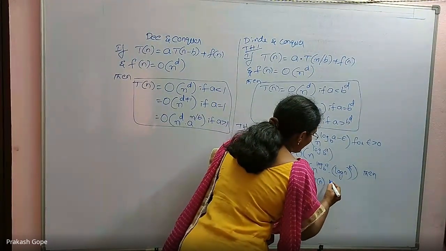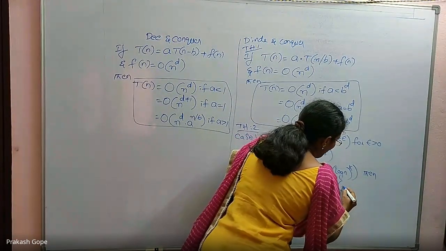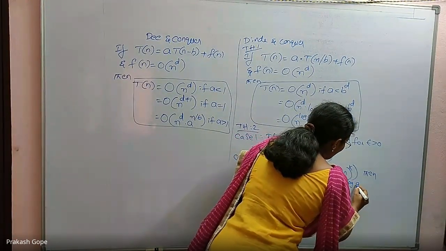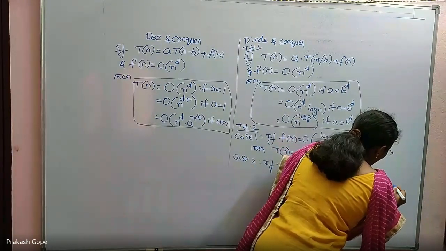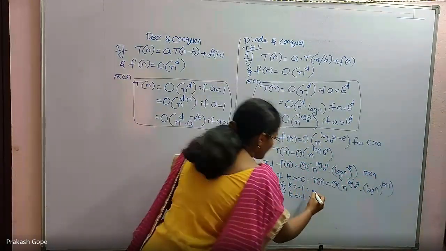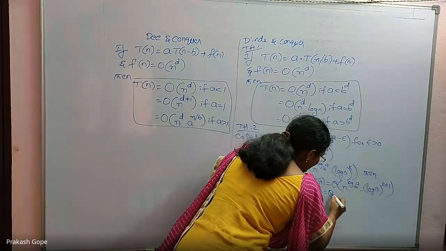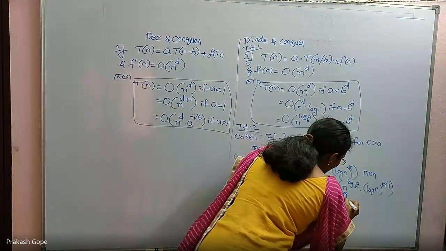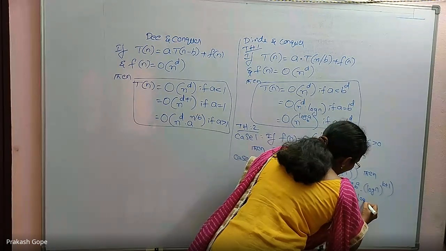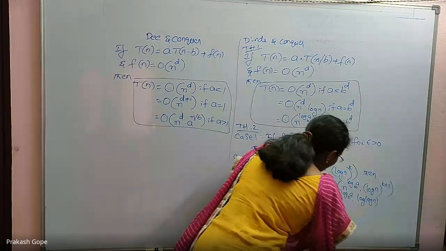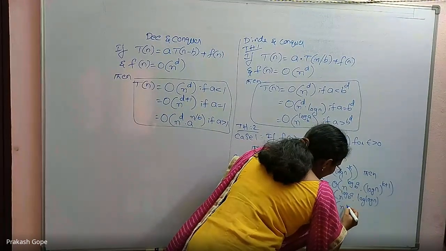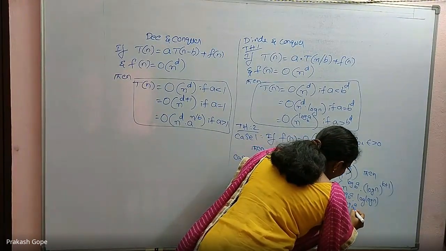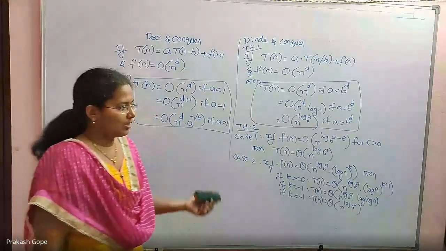Okay. In the first case, T of n is equal to theta of n power log a to the base b into log n whole power k plus 1. In the second case, T of n is theta of n power log a to the base b into log log n. And in the third case, T of n is equal to theta of n power log a to the base b. That is case 2.